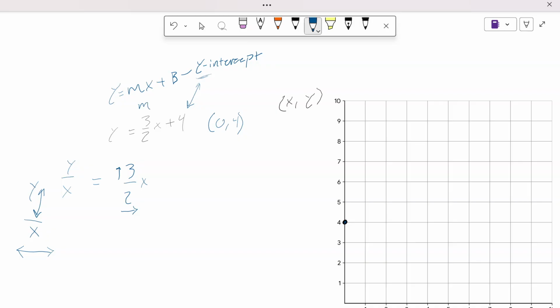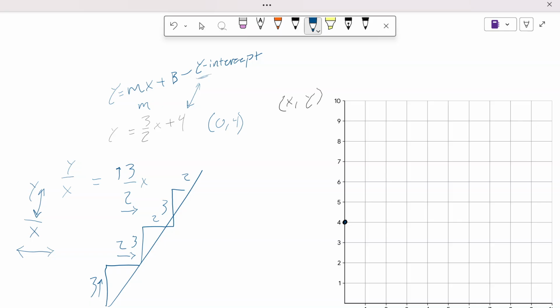Let's do that real quick. Some people call this rise over run, where you rise 3 and you run 2. That's what I always called it. Some people call it steps. It's just whatever the institution decides to do.